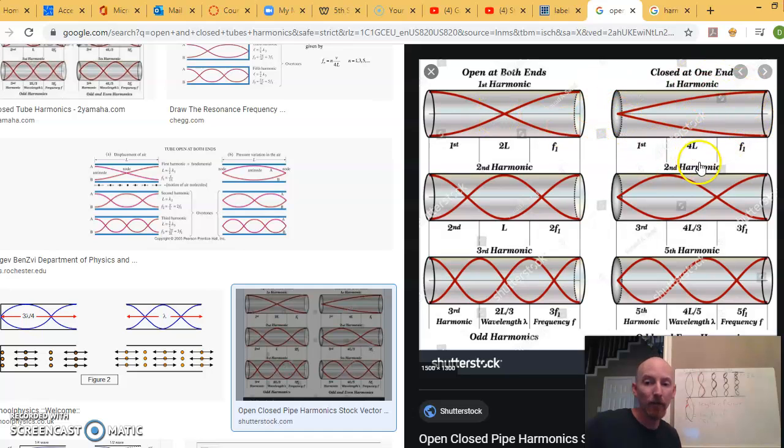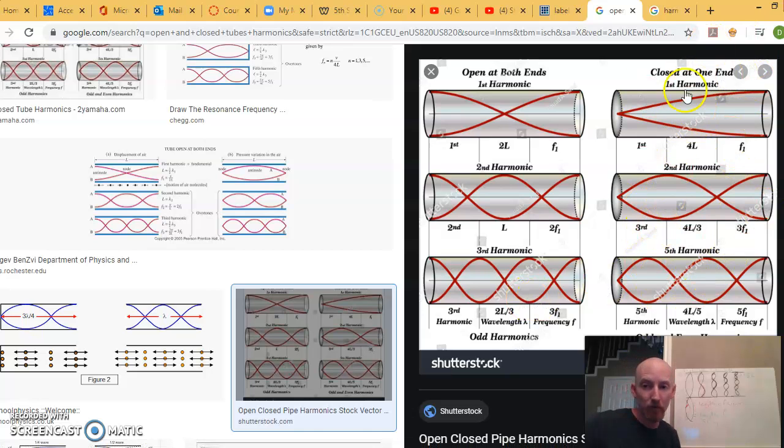Closed tubes, however, are a little different. Okay? So, here's the math. Here's first, second, third. You've got 2L, L, 2/3 L, then 2/4 L, then 2/5 L. So you see how the math there is the same as what I was showing you on my board.